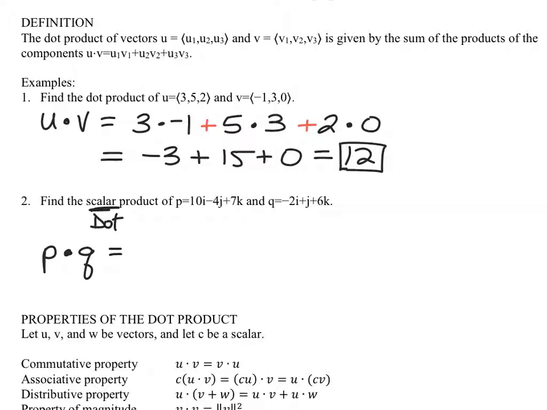All right. So 10 times -2 plus -4 times 1 plus 7 times 6. Whether it's in component form or IJK notation, it doesn't really make a difference.